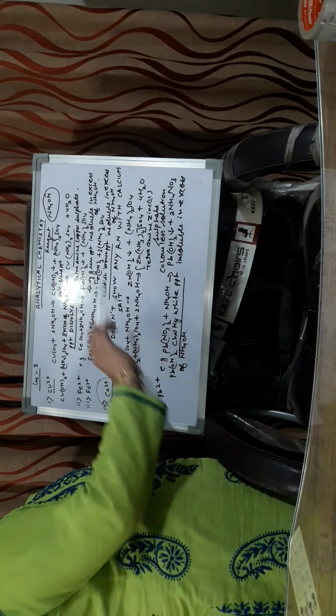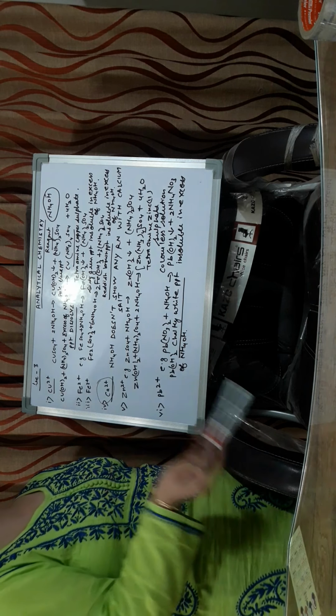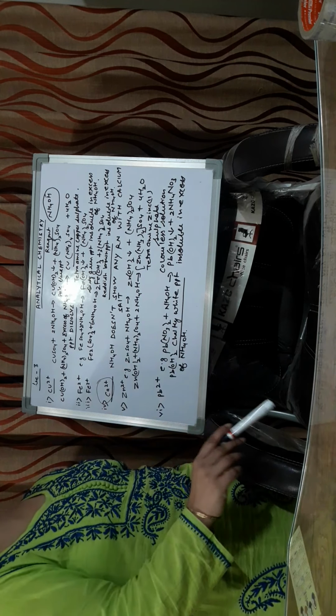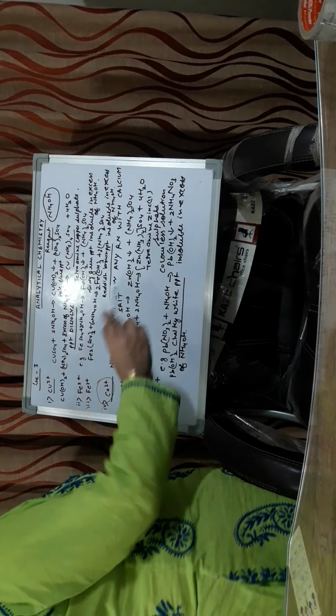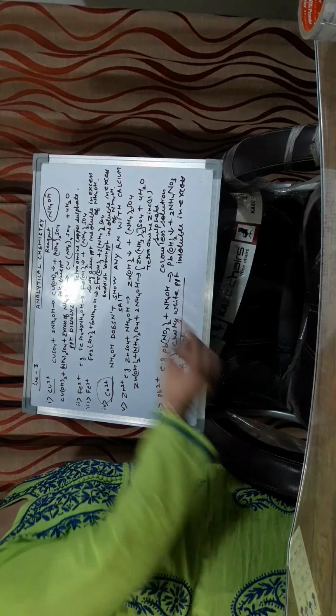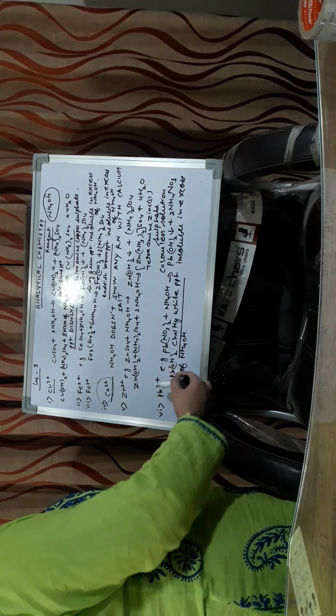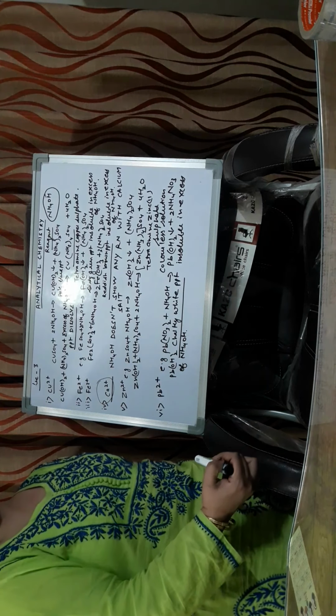And if the question is to name the complex substance which is formed when zinc precipitate gets dissolved in excess of NH4OH, then your answer should be tetraamine zinc sulfate, which is a colorless solution because it is a soluble salt.